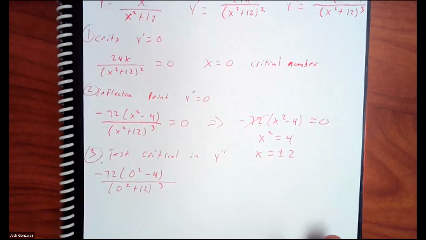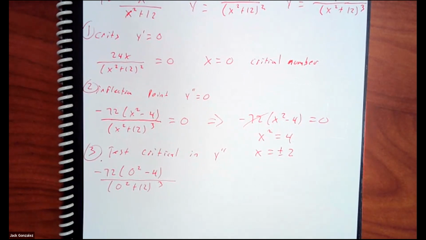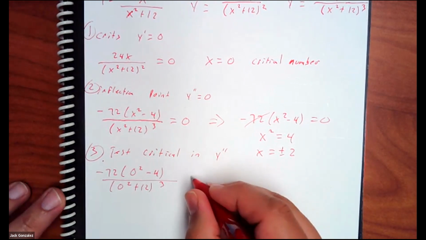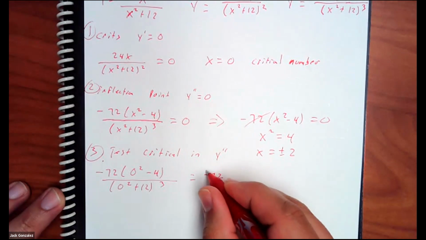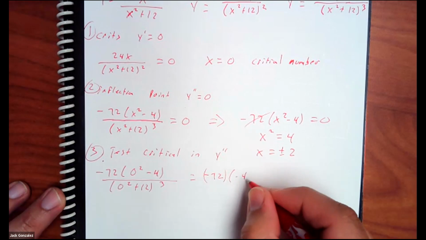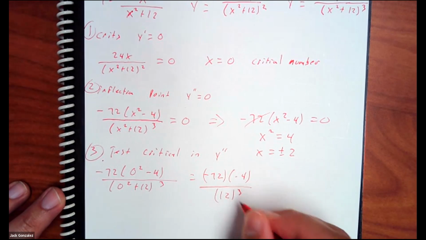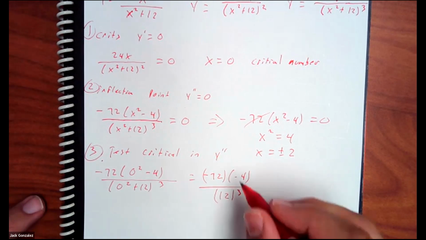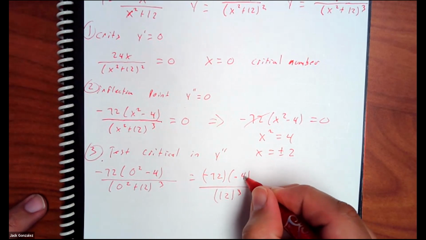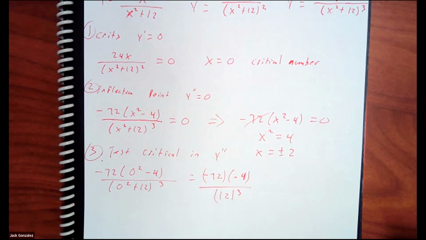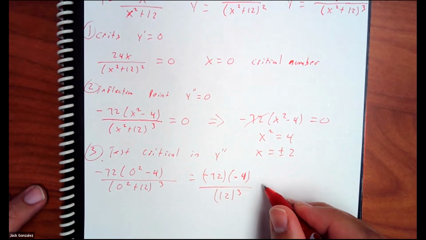Is this going to be negative or positive? That's going to be negative 72 times negative 4, right? Over 12 cubed.